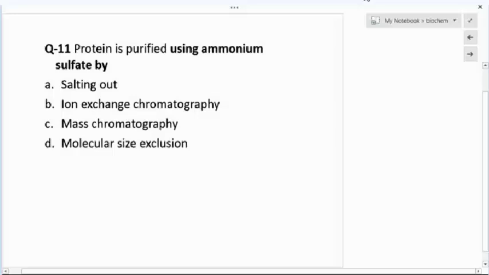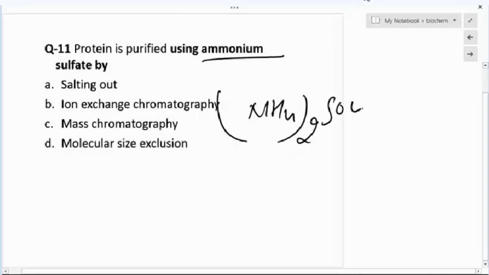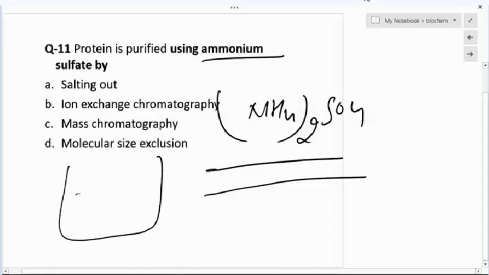Now the next question is talking to you about purification of protein using ammonium sulfate. Ammonium sulfate is a highly water soluble compound, and has tendency to precipitate the protein when it is used in higher quantity. Because it's very much soluble, if you take the protein solution, there is a layer of water around this protein, and that is making this protein soluble.